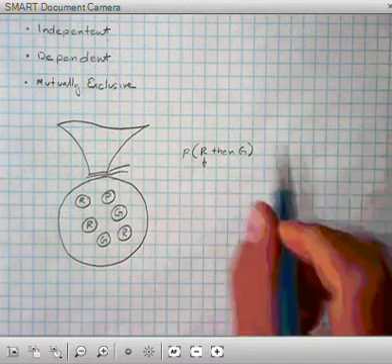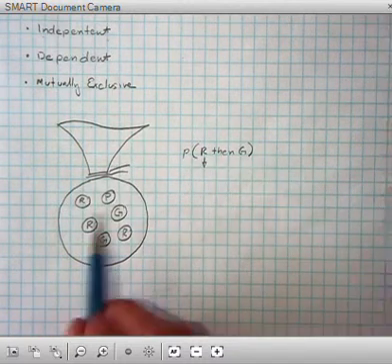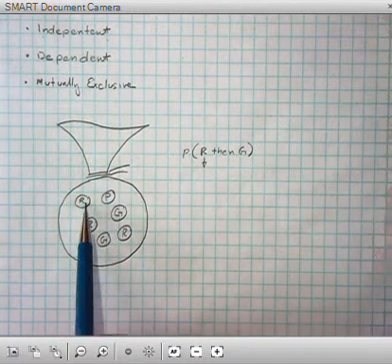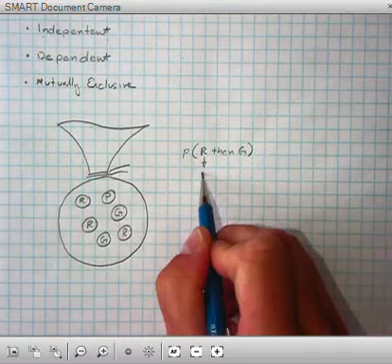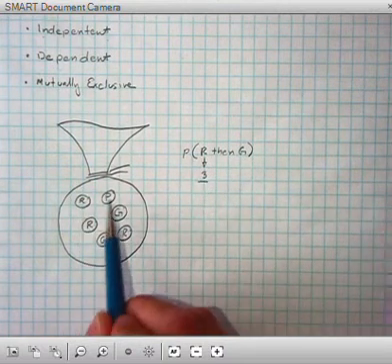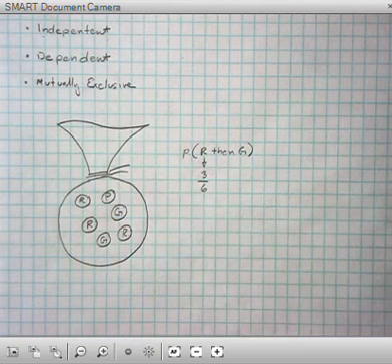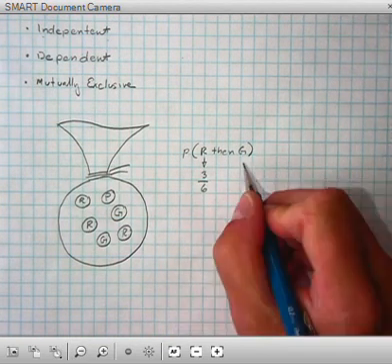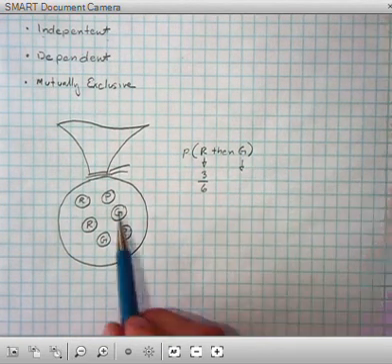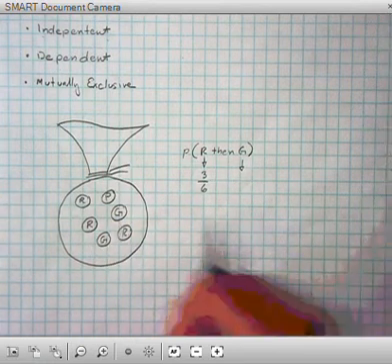In order to find our red probability, we count the number of red marbles. There's 1, 2, 3 red marbles out of 1, 2, 3, 4, 5, 6. So 3 out of 6. Half the marbles are red. Green marbles, there is 1, 2 out of 6.